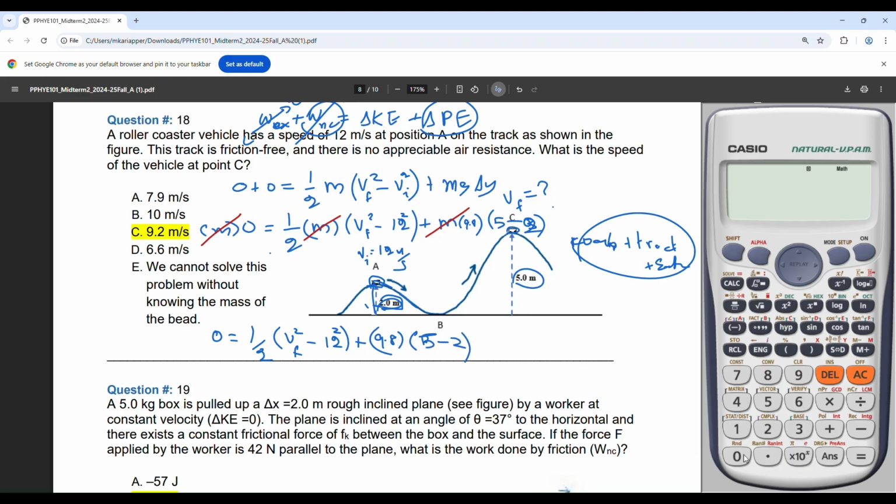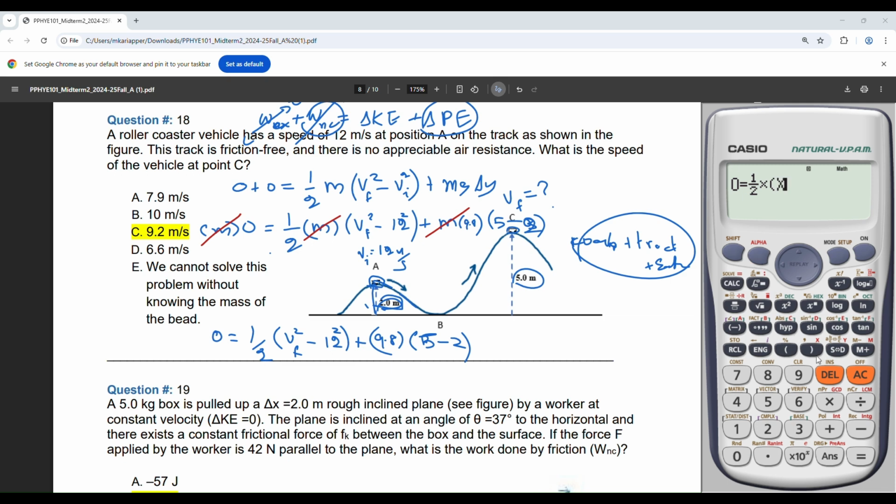Right, now you take your calculator and just type the equation and ask it to solve for the V final. So 0 equals, you can use this fraction or you can even put 0.5 for half.